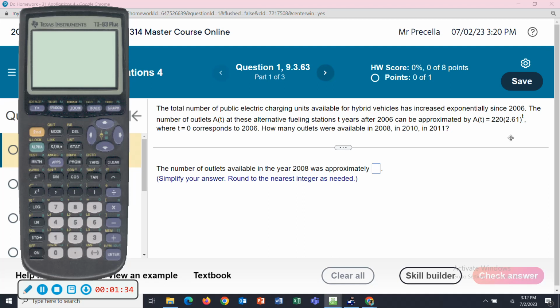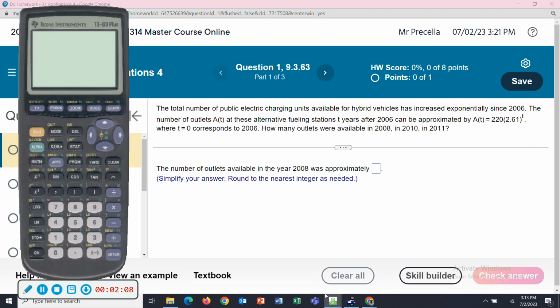Notice this is an exponential function because the variable is up there in the exponent, where t equals 0 corresponds to 2006. So t is the number of years after 2006. So how many outlets were available in 2008, 2010, and 2011?